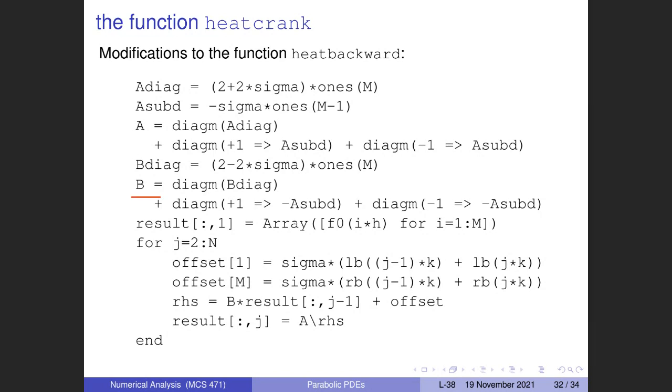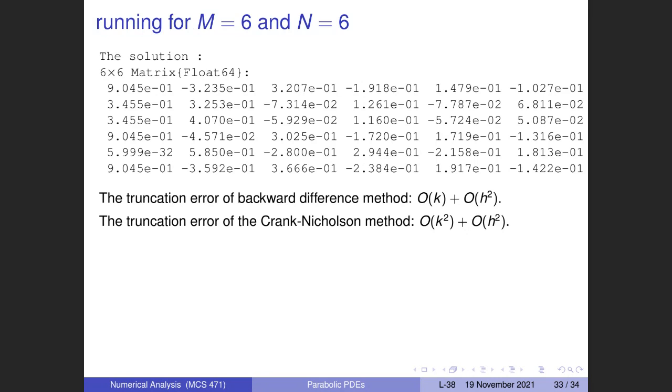So now I have a B that appears in the multiplication, and here we have the solving of the linear system using the coefficient matrix A. So the method is defined in a Julia function.